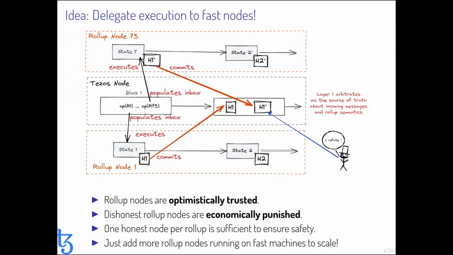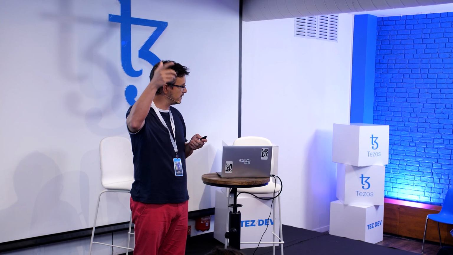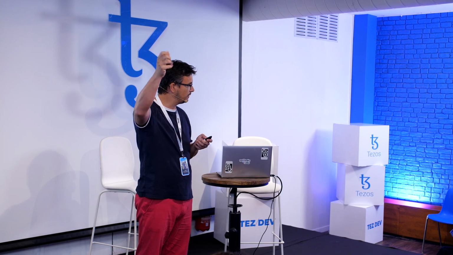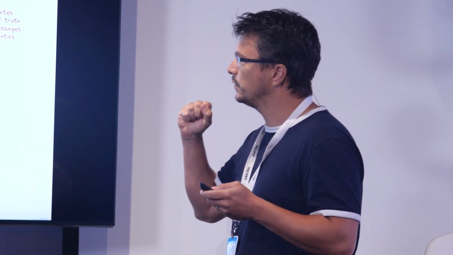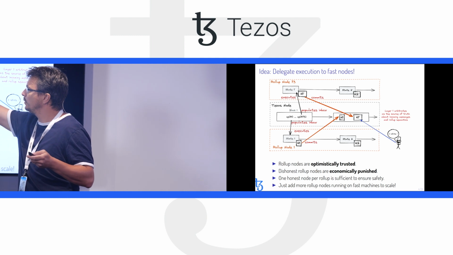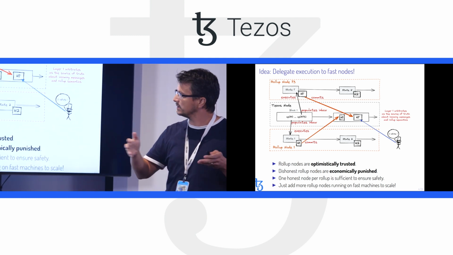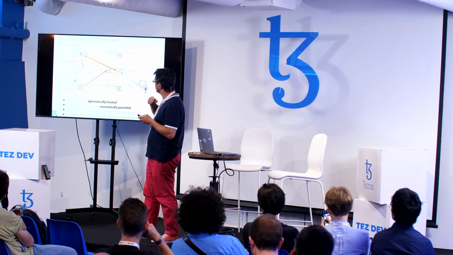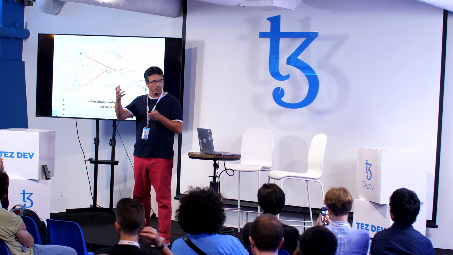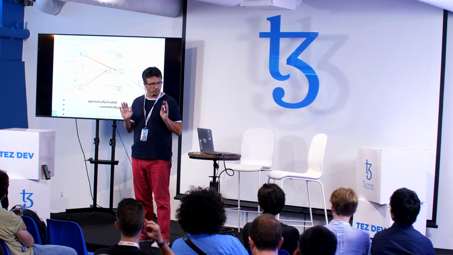How does that work exactly? Well, you originate a rollup, you get an address, and now, when you have an operation, it can target, using this address, a particular rollup. Okay, so the layer 1, the Tezos node, will still decide what are the operations, but it's to populate what we call the inbox, the sequence of operations for a given rollup, and that's all.